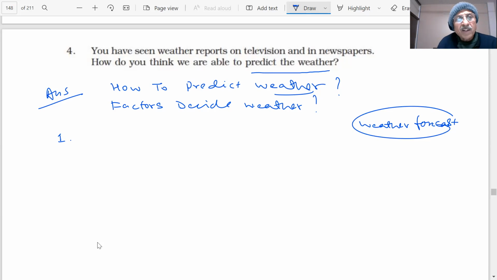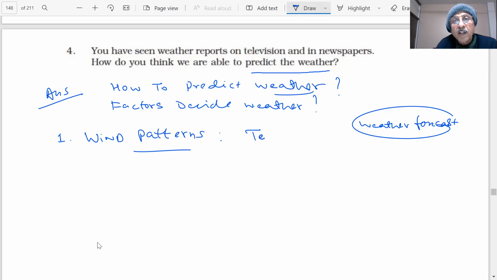So you are saying one factor could be, student, how will you say there will be rainfall or something? What patterns are there? They study the wind patterns. But how do you study the wind patterns? Winds flow due to what reason?